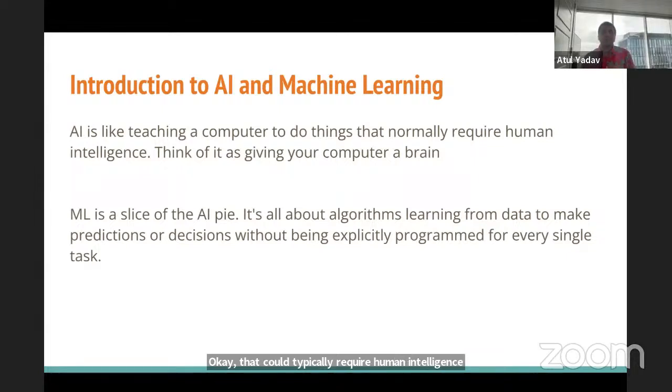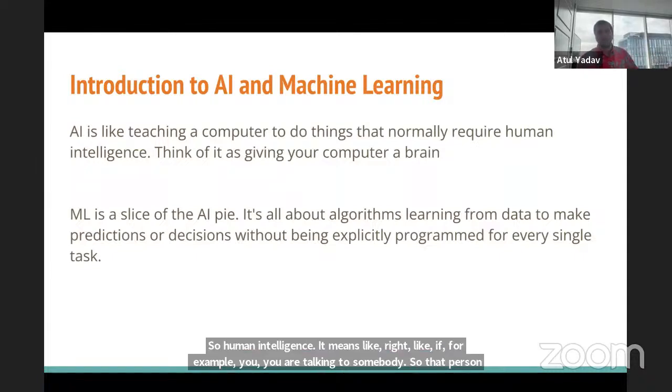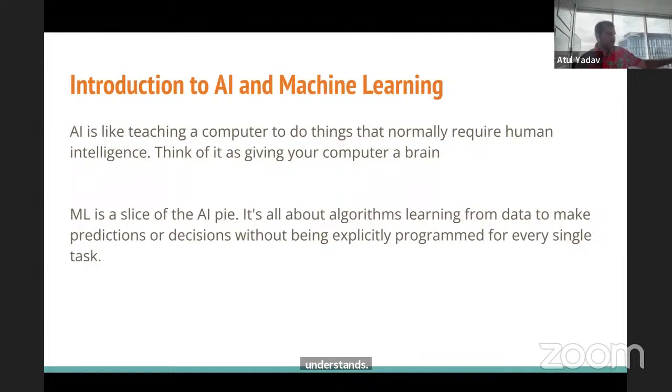Human intelligence means, for example, you are talking to somebody and that person understands your language. You delegate some task to someone: do this, do that, draft an email, or drive the car, stop the car. So these are some actions which somebody is delegating to you and you are able to understand that. This is something like what AI is.